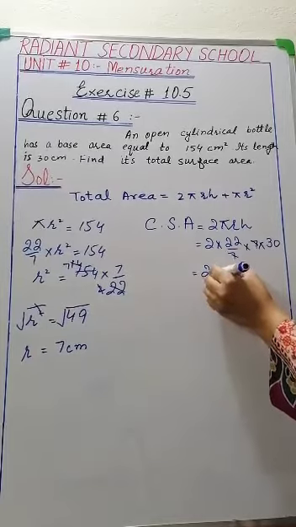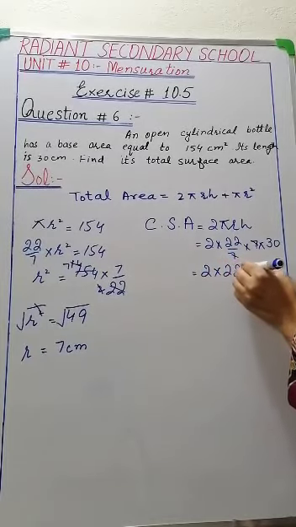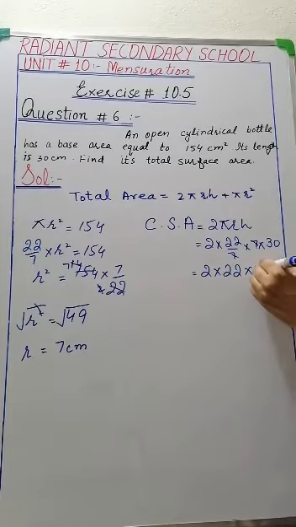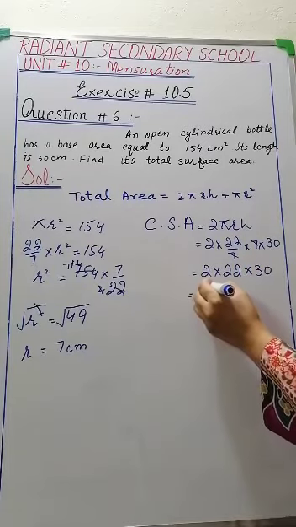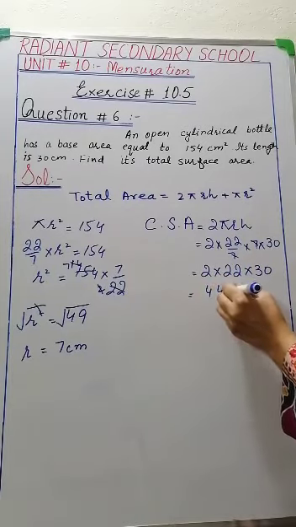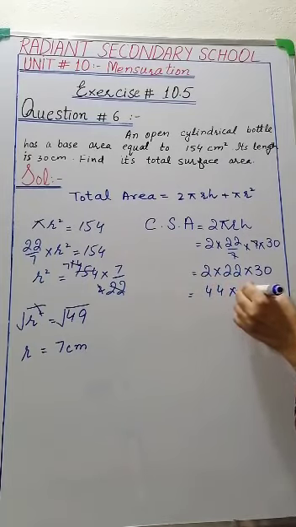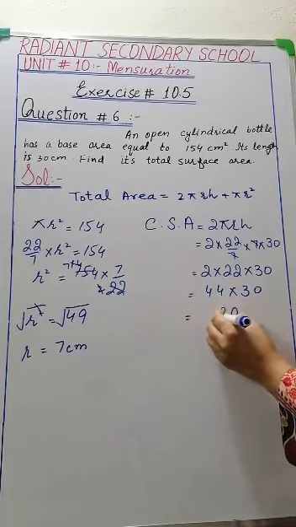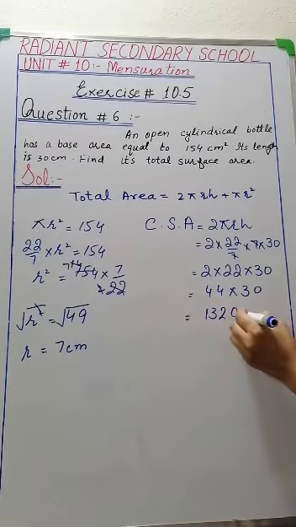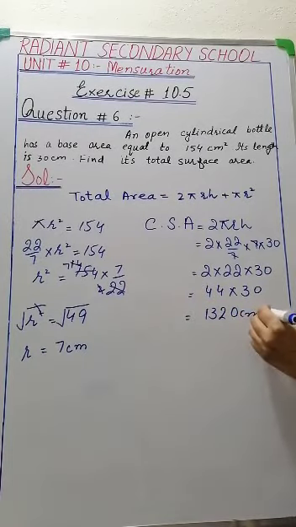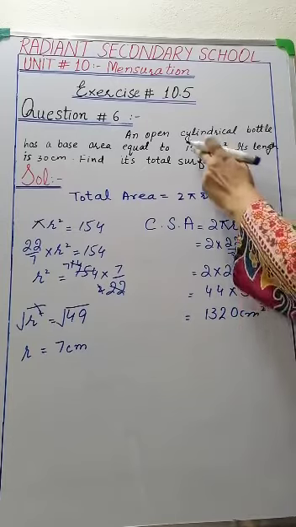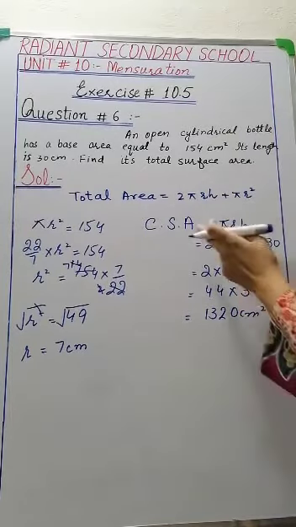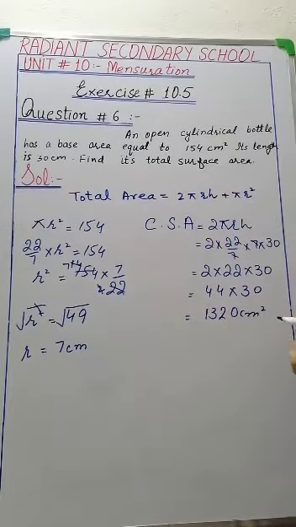Remaining values are 2 into 22 into 30. Now 2 into 22 is 44, 44 into 30, and it will be equal to 1320 centimeter square.